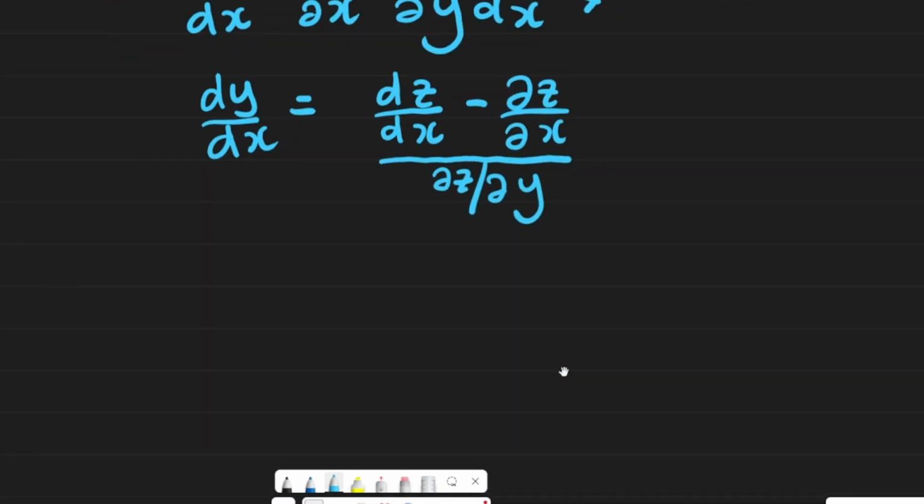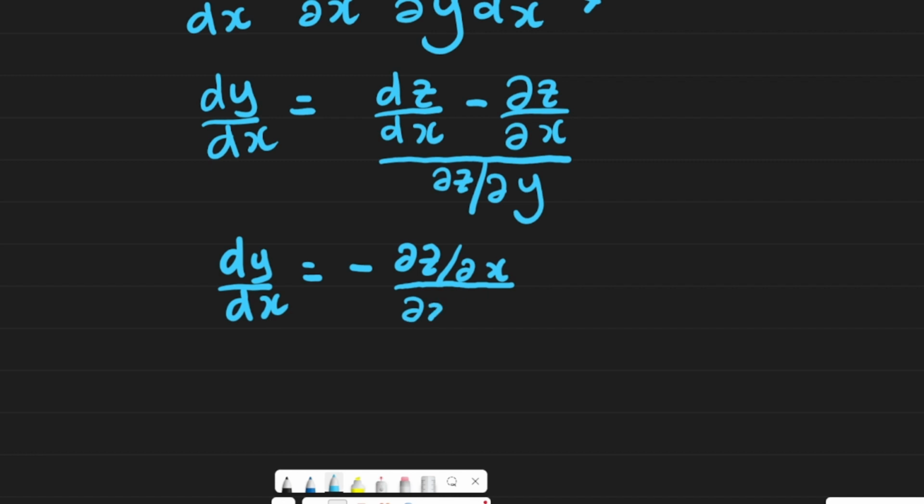This equation that we have now derived simplifies. So dy dx is now equal to minus dz dx divided by dz dy.